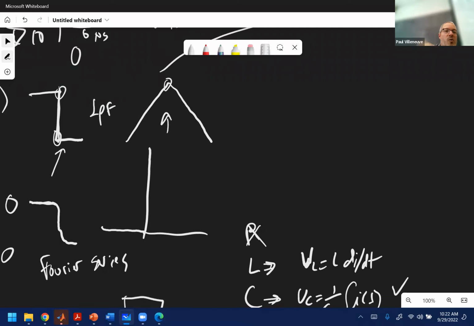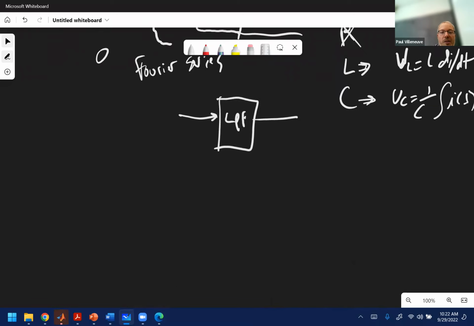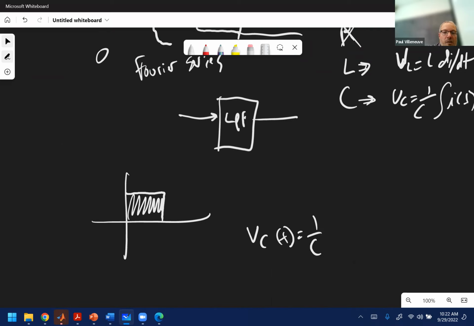So I'm going to use a capacitor to do this. And the way that I would do this is, I just took a look at one because they're all the same. And if I can find the area under the curve, VC of t equals 1 over C times the area, essentially, of that.